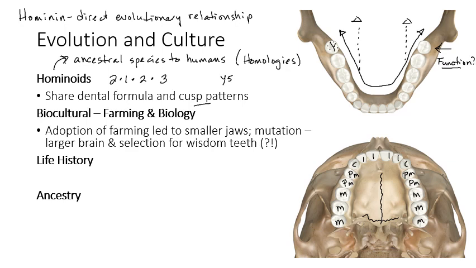Large jaw and extra molar, that's really for mastication, or chewing, breaking down food. As food became softer, we just didn't need that. And as we were starting to incorporate more meat into our diets over time, our brains were getting larger, and it just made a lot of evolutionary sense. So wisdom teeth, the lack of, ironically, has to do with a bigger brain.